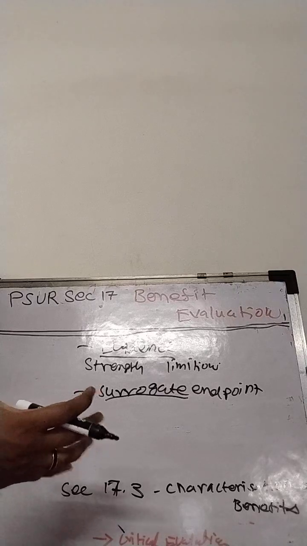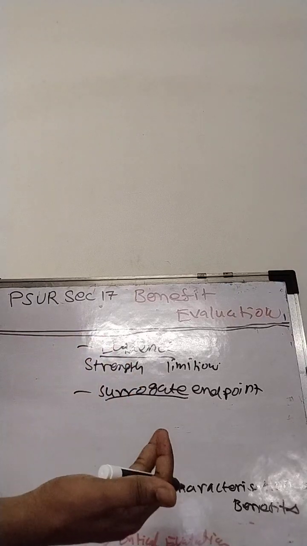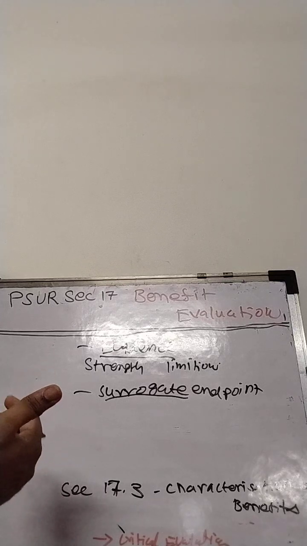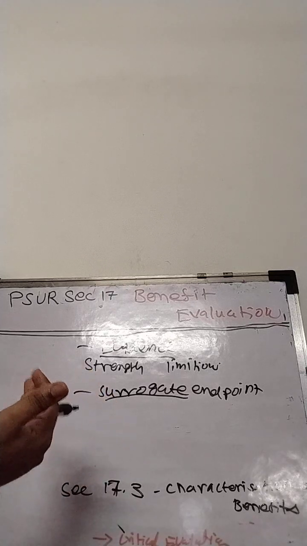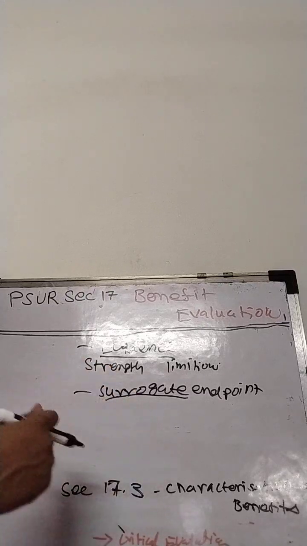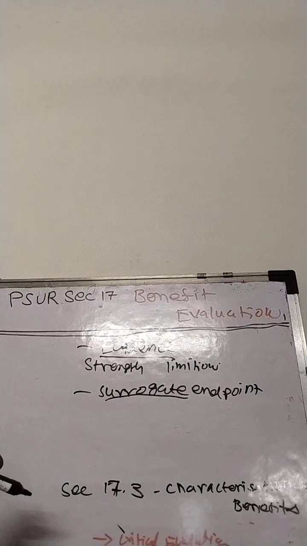These are surrogate endpoints: you haven't achieved the primary objective, but the biomarkers show we are navigating towards good results. So they will check that surrogate endpoint too.